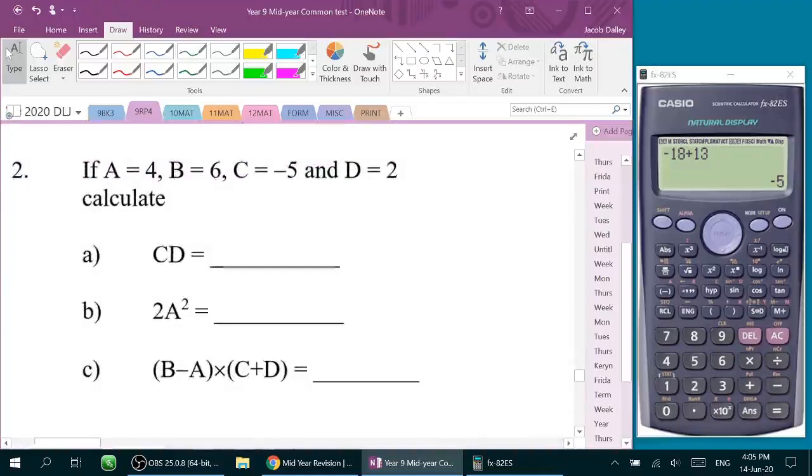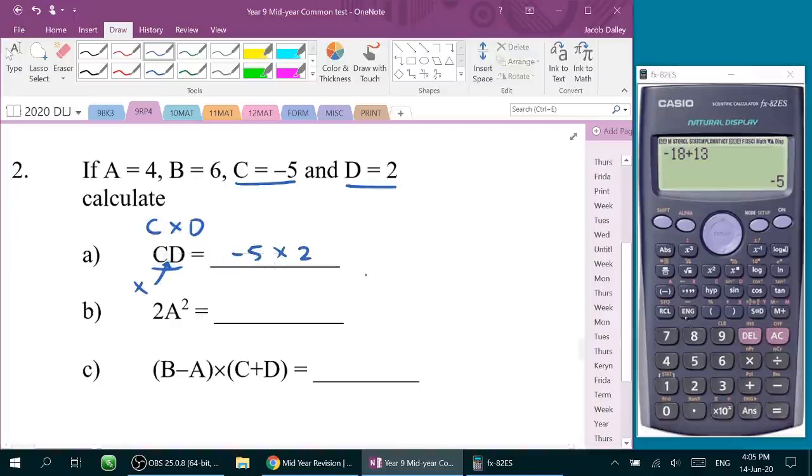If a equals 4, b equals 6, c equals negative 5, and d equals 2, calculate cd. So cd means c times d. You've got to remember there's an invisible multiplication sign in between the letters. Okay, so really we have negative 5 times 2.